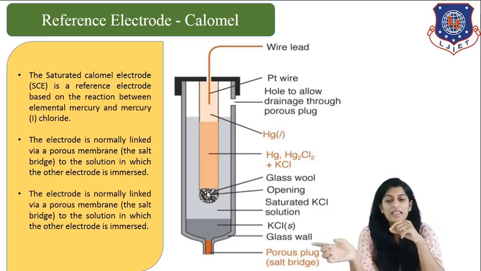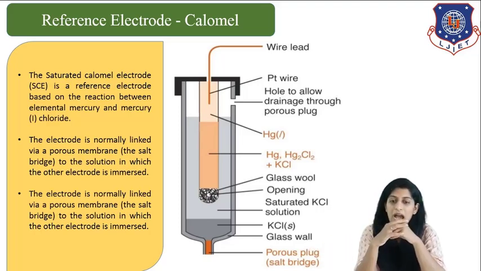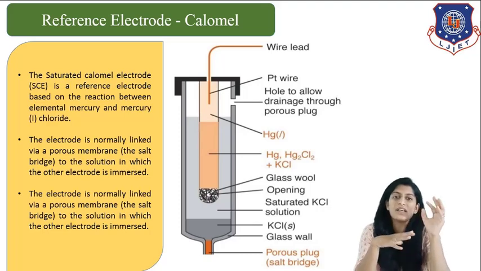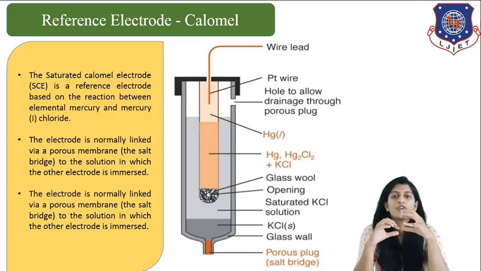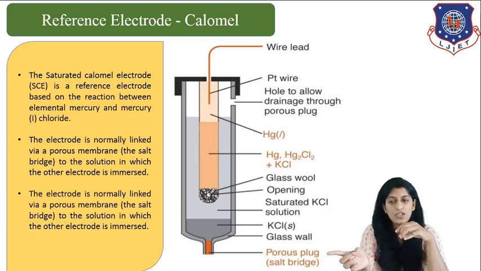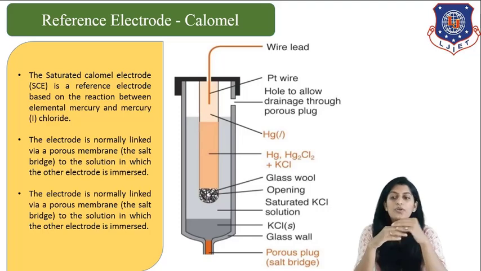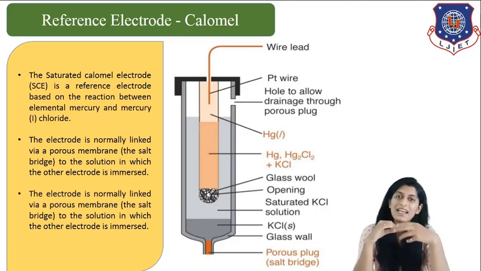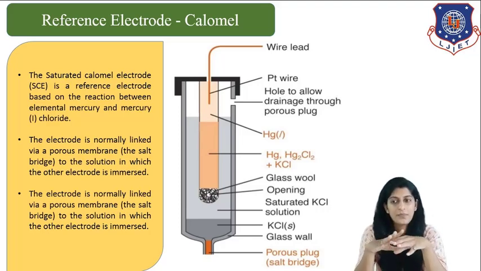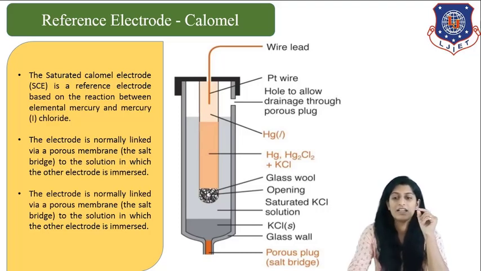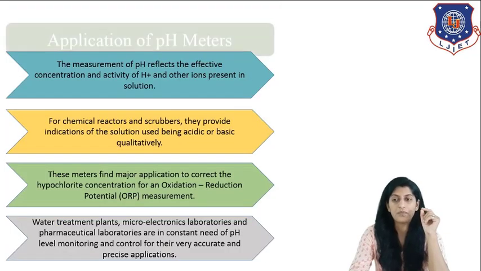Now, at the bottom of the electrode you can see it has a porous plug which is made up of a salt bridge. In general, the electrode is normally linked through this porous salt bridge, or porous membrane, to the solution in which the other electrode is immersed. Correct. And the electrode is normally connected via this particular solution.